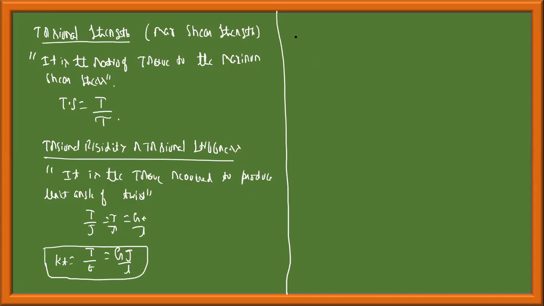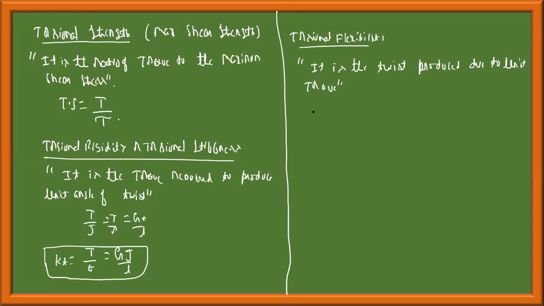Okay. Torsional flexibility. It is the inverse of that: the twist produced due to unit torque.